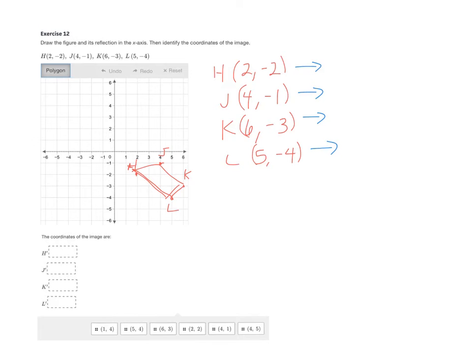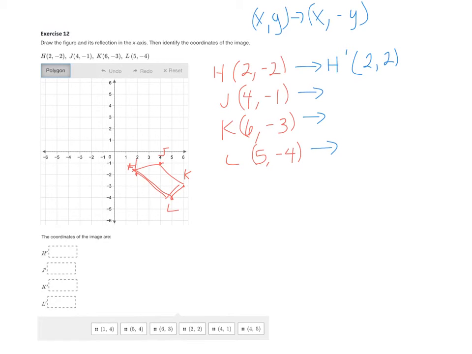And that is going to be (x, y) changes into (x, -y). And so the thing that you must remember is that when you reflect over the x-axis, x stays the same. So H prime, with x staying the same, so the first number is always your x value, we would get 2 and the opposite of -2, which is +2.